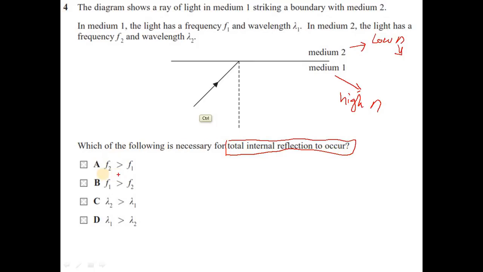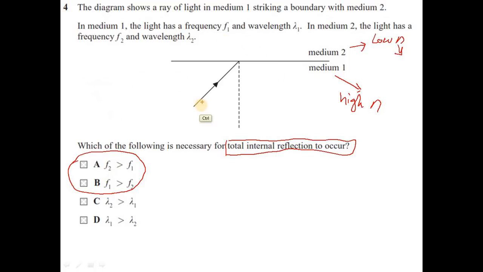And if you see the relation, A and B cannot be our option, because in refraction frequency does not change. It doesn't matter whether it is coming from high to low or low to high. Frequency does not change. The only quantity that changes during refraction is the wavelength.